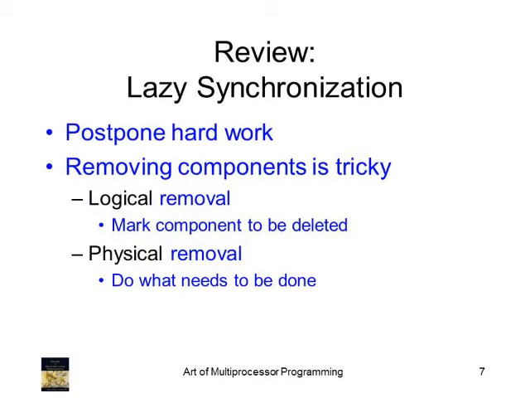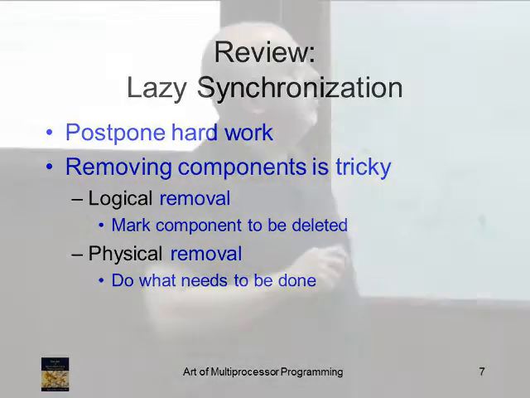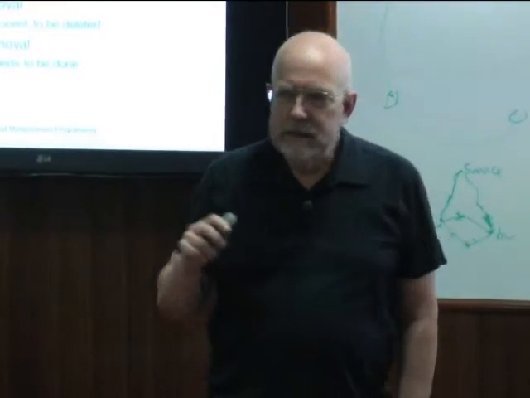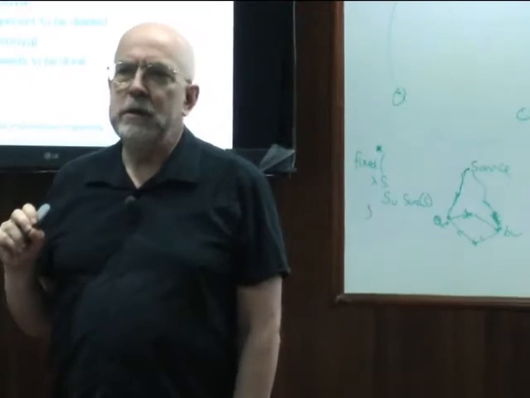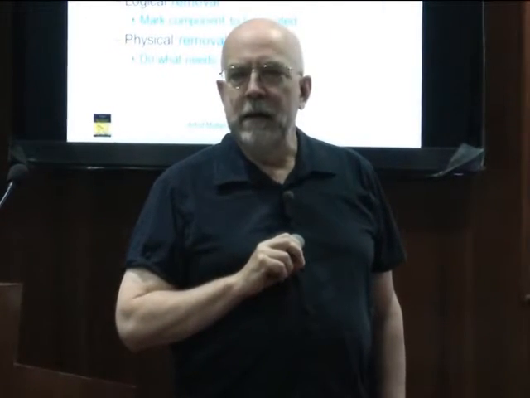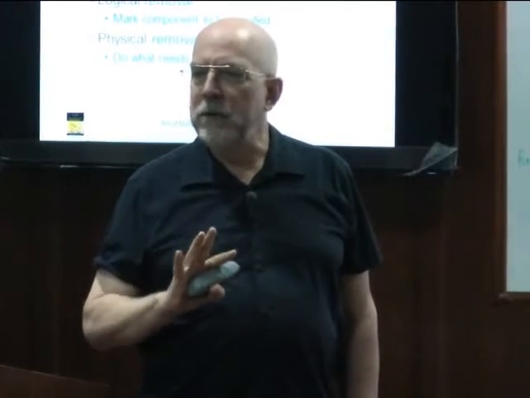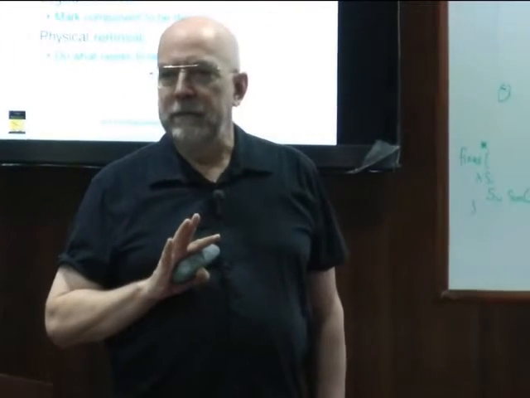The next thing that we didn't do last time, but we'll do this time, is what we call lazy synchronization. Lazy synchronization is based on the observation that the most difficult part of many operations on objects is removing things. So observing things and adding things is relatively easy, but once you remove things, then things can get very complicated.